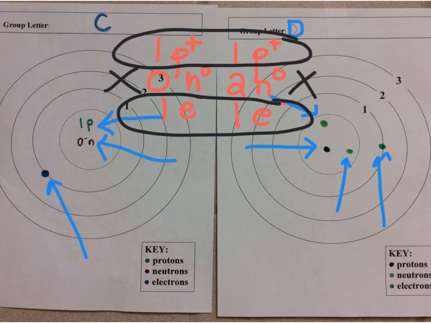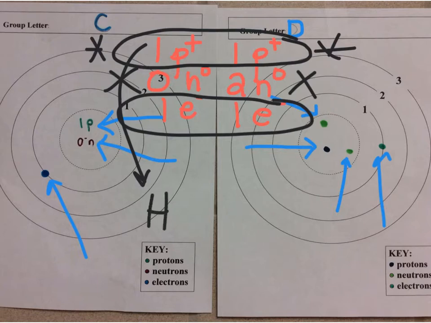If we go back to this slide and try to identify who this is, you look at the protons. Since I have 1 proton, I look at the atomic number, and the atomic number 1 is hydrogen. So these are both atoms of hydrogen, and we would put a 1 on the bottom.